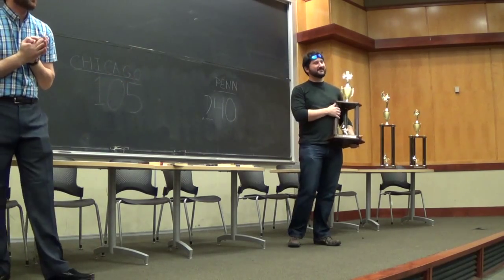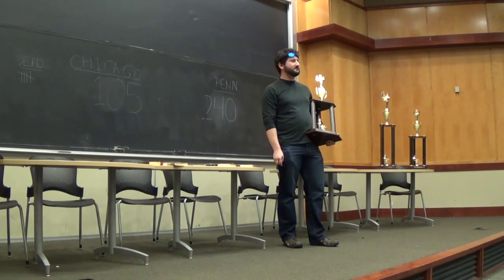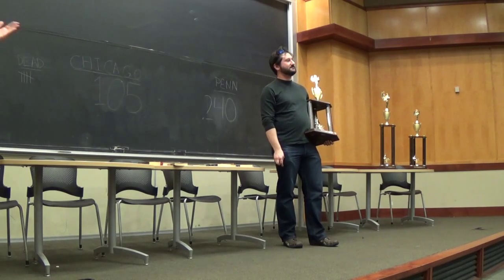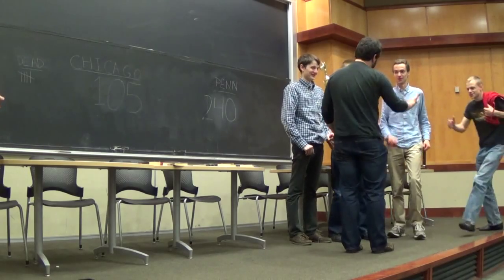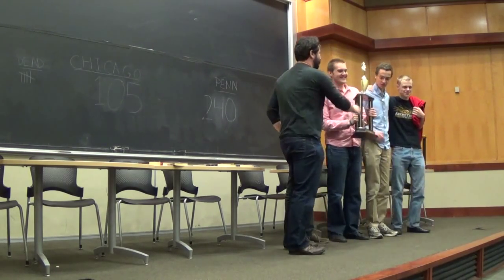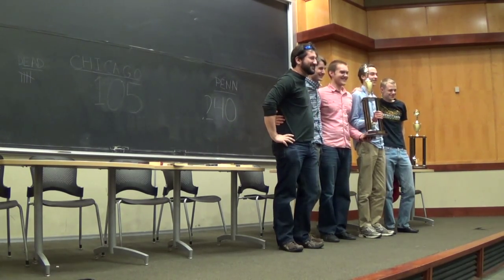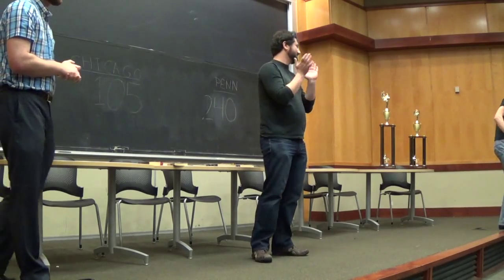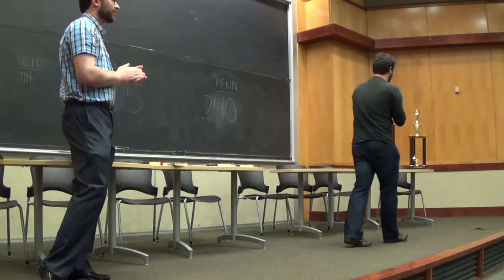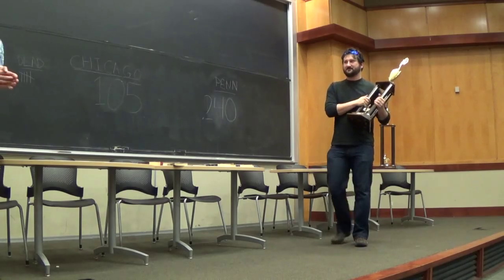Third place overall, finishing with a record of 9-2 in the playoffs, is Maryland. Top two teams coming out of the playoffs were Penn A and Chicago A, tied at 10-1.